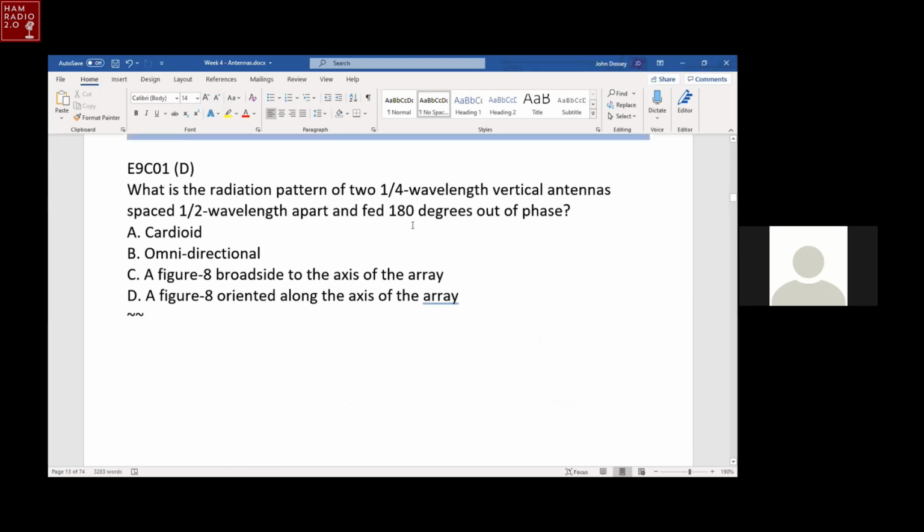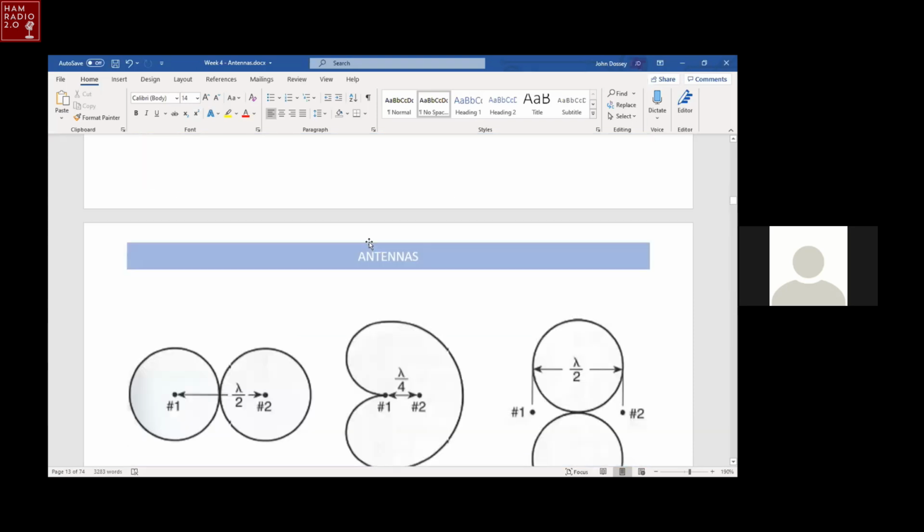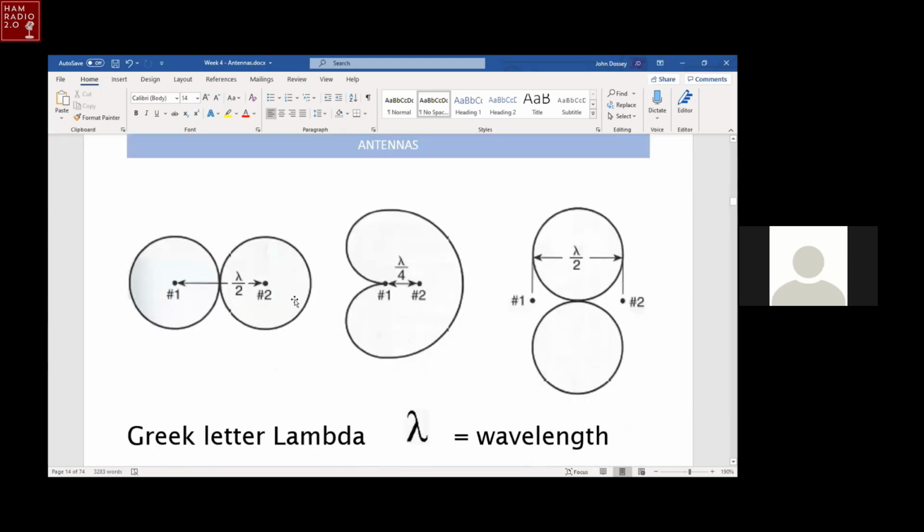What's the radiation pattern? 2 quarter-wave vertical antennas, a 1/2 wave apart, fed 180 degrees out of phase. Well, I didn't make the feed phasing on these diagrams, but this first one on the left, there's 2 quarter-wave verticals. We're looking down from the top on these diagrams.